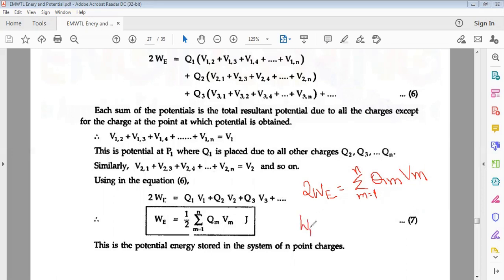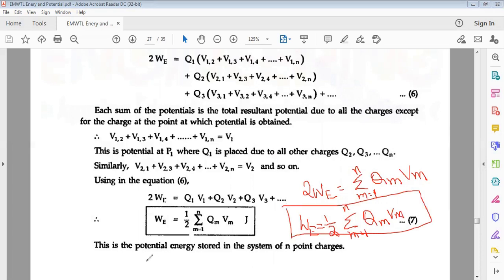So WE is equal to 1 by 2 times the sum of M from 1 to N of QM into VM. This is the potential energy stored in the system of N point charges: WE is equal to 1 by 2 times the sum of M from 1 to N of QM and VM. Okay.